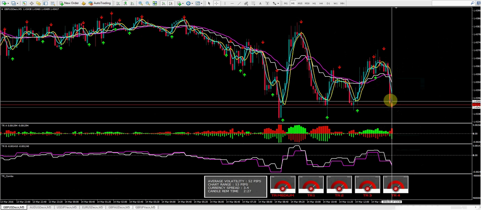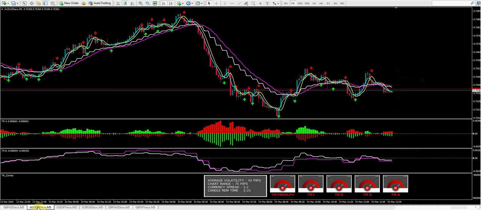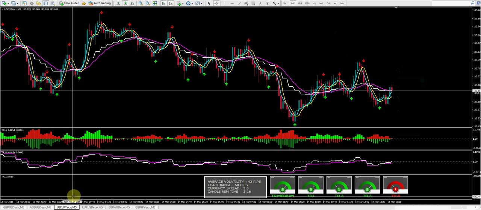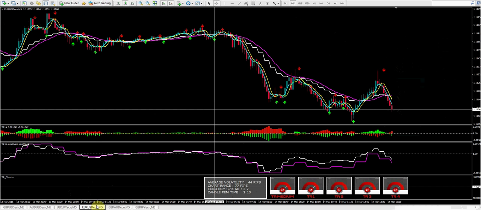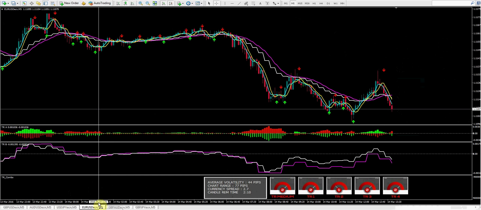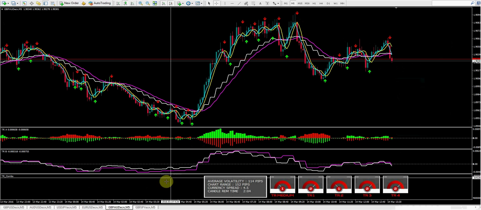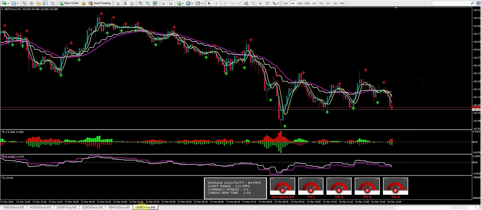But this was such a huge bar that I'm not going to jump in on this one. Right now, I'm thinking the GBP AUD looks like our best bet at the moment.